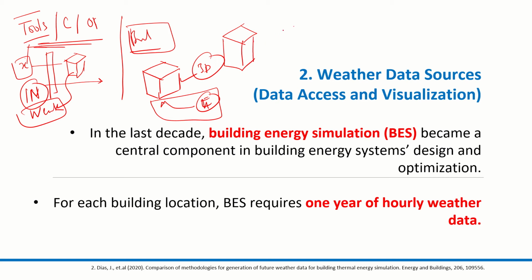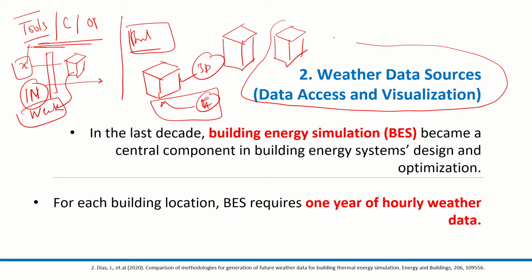So the second input we need is the environment, which is primarily nothing but the weather data associated with that particular location. And weather data can be read in two ways. One is very fine weather data, which is hourly data.